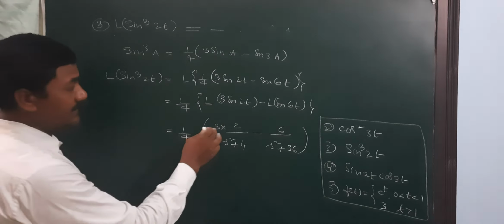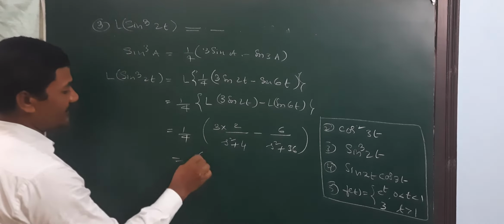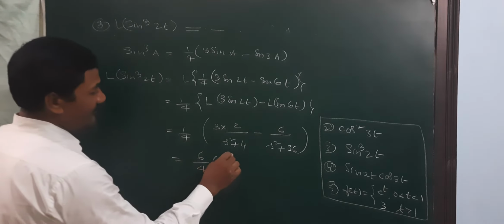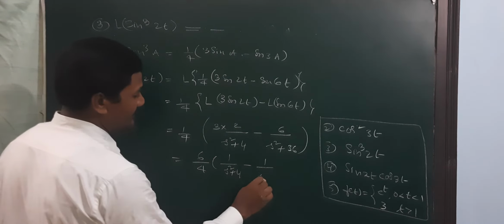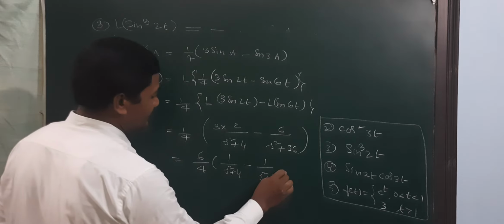So 6 is a common term: 6 by 4 into 1 by s square plus 4 minus 1 by s square plus 36.